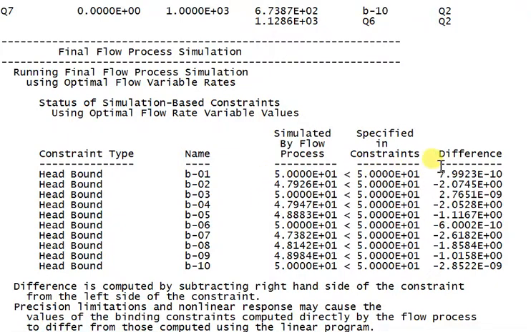In the last column, we see the difference between the specified constraint and the simulated value. And we see that in the case of a so-called binding constraint, there may still be a very small difference, 10 to the minus 9, 10 to the minus 10, in the computed heads.